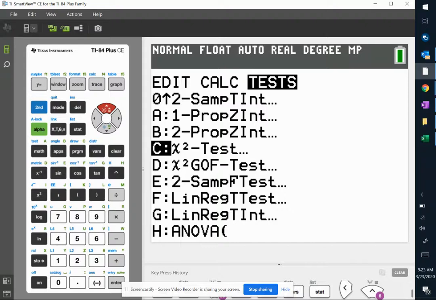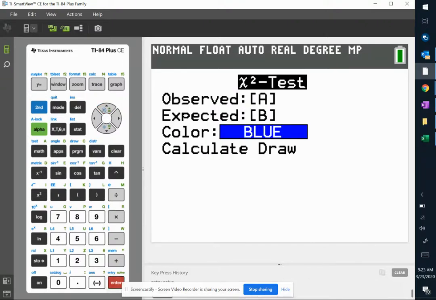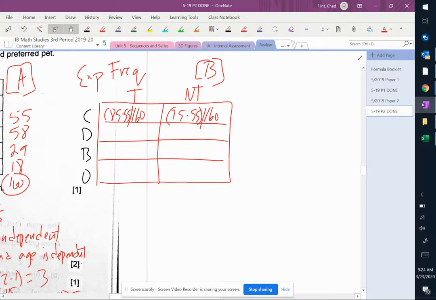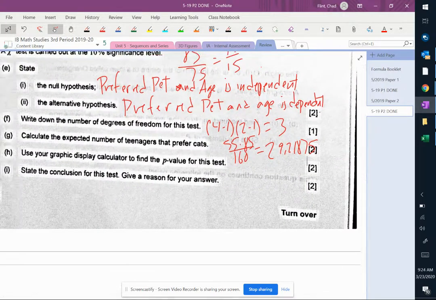Stat, tests, that one. So my p-value is 0.208.